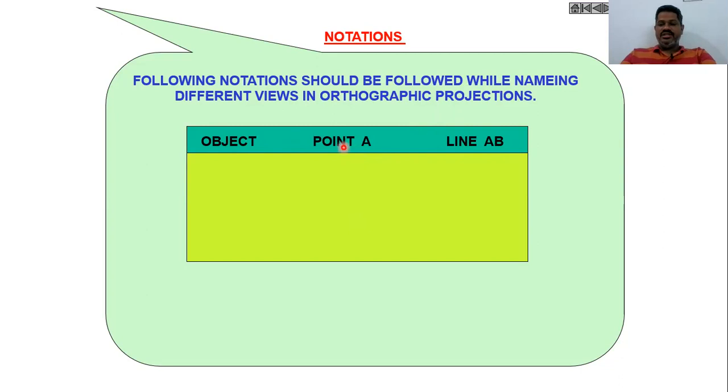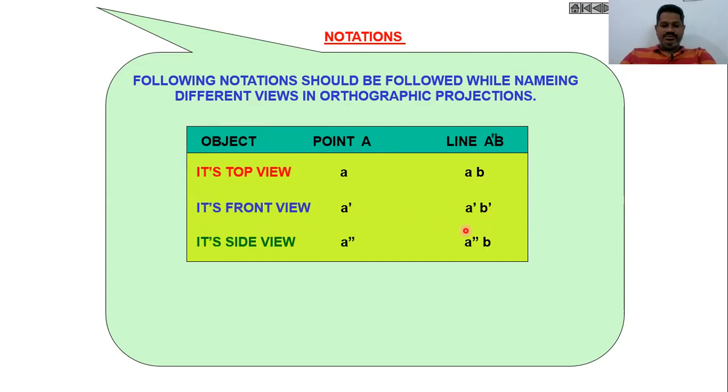The object can be point A or line AB. Then for the top view, for a point I am going to use the notation small a, and for a line top view, small a b. Then the point front view I am going to use as A dash, and the line front view as A dash B dash in this slideshow.